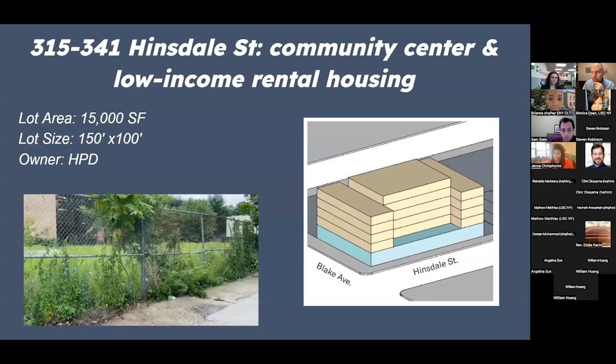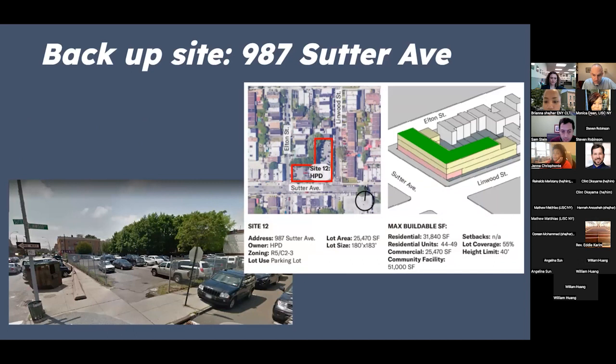So, the next slide. This is an example of one of the lots that we've identified that we'd like to build on. This would be a community center on the ground level and low-income rental on the top, and it's owned by HPD, but it's just sitting vacant in East New York. And the next slide. This is another backup site that we'd like to acquire.